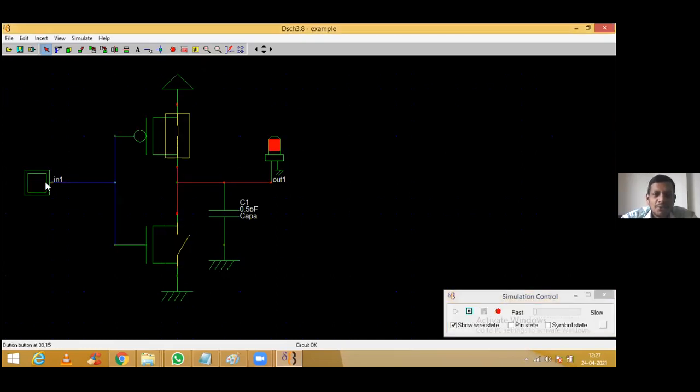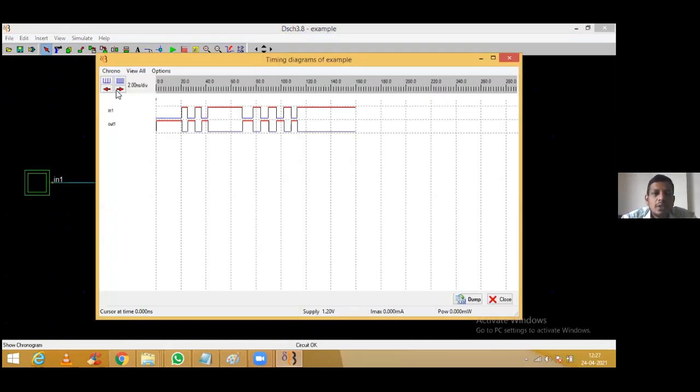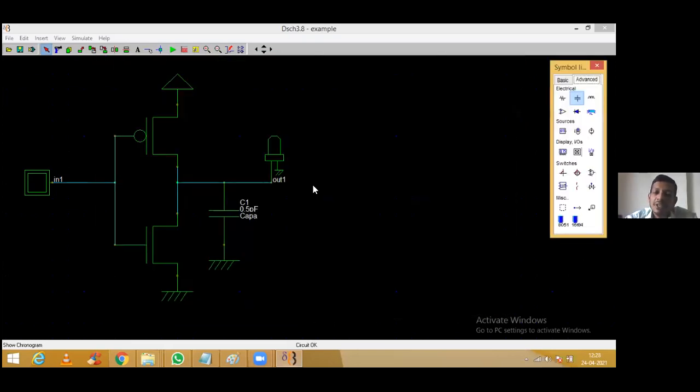If I do switching, there is no significant effect of that much value. If you change the scaling and all that, nothing will happen. Only the scale will be increased. Is there any delay, lagging, leading aspect coming over there? It is a bit there, but that is not that significant compared to what we observe in analog simulation. Are you getting my point?